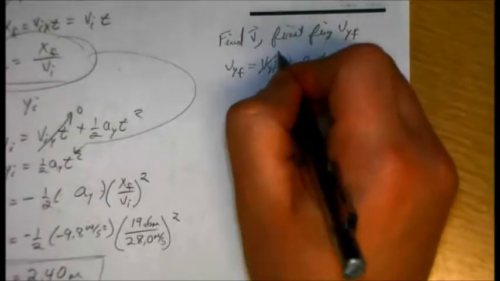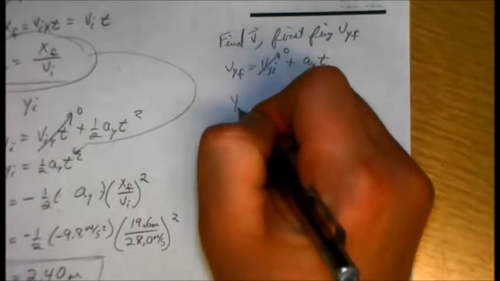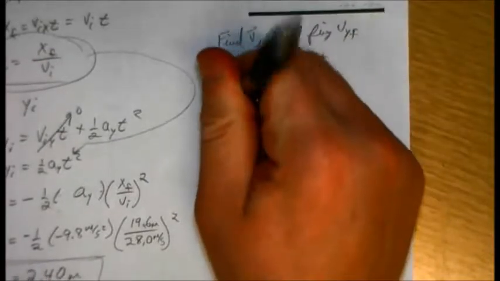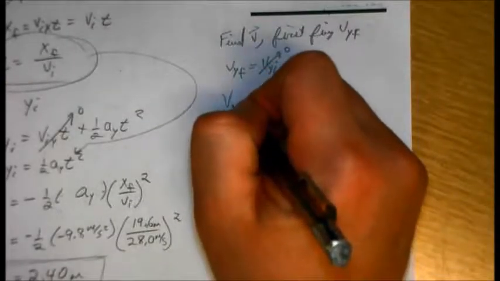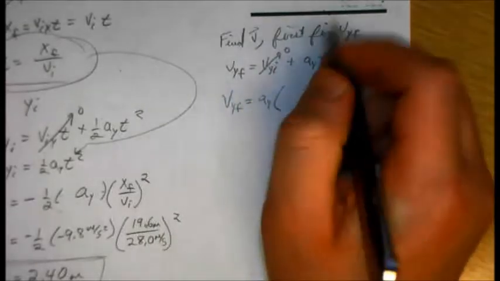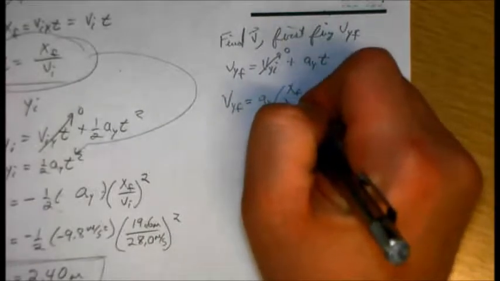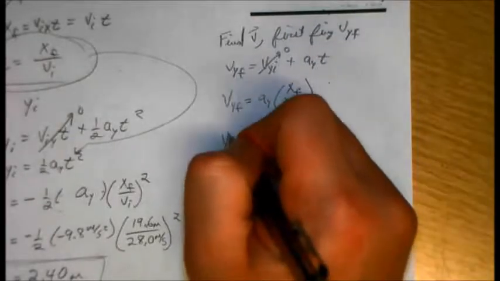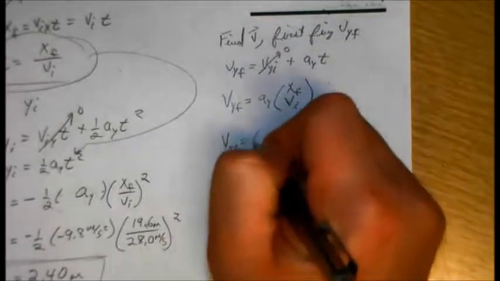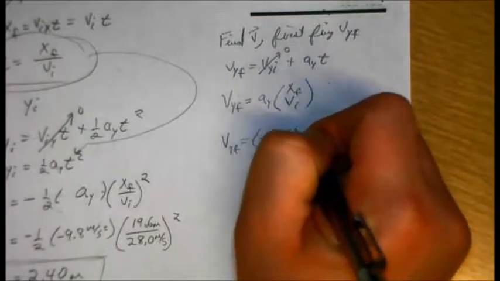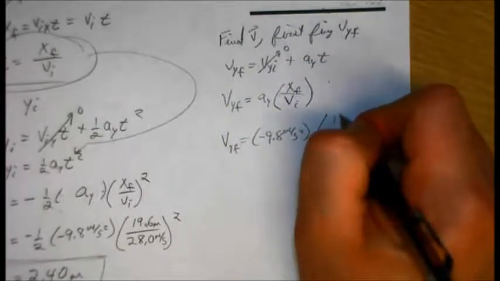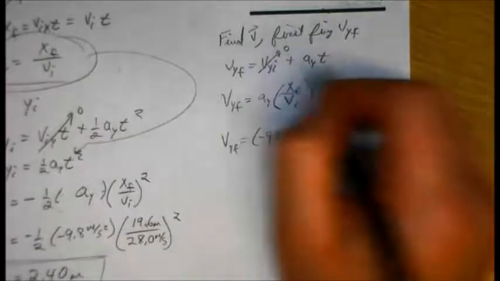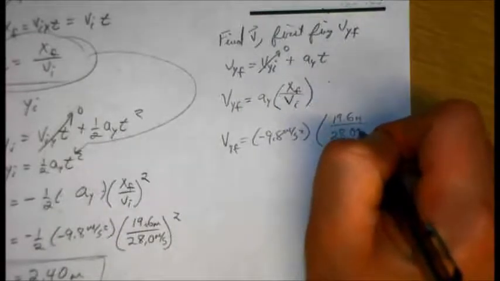We know the initial velocity is 0. We also know what time is. We found it over here. So v_y final equals a_y times x final over v initial. v_y final equals negative 9.8 meters per second squared times x final, 19.6 meters, over v initial, 28.0 meters per second.